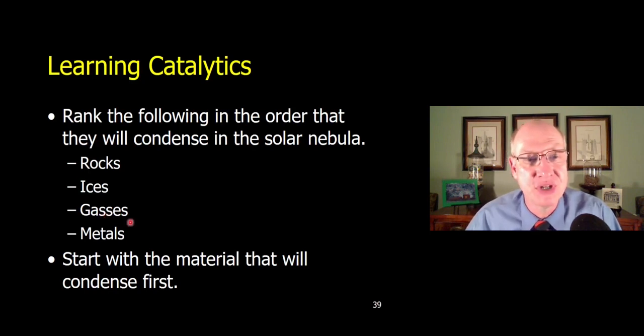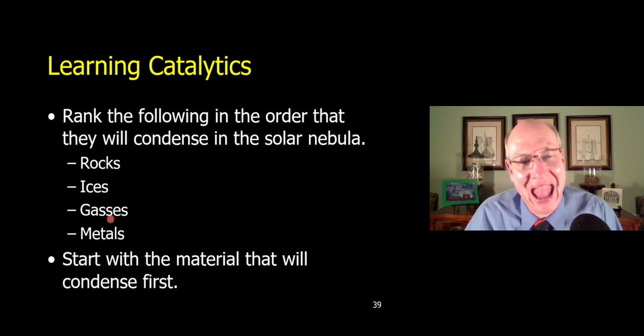Even at room temperature today, it's not cold enough for hydrogen and helium to condense into solids. It is possible just a couple degrees above absolute zero to condense hydrogen into a solid. But helium would have to be cooled to a tiny fraction of a degree above absolute zero. We can make liquid helium at a few degrees above absolute zero, but we don't make a solid out of it.